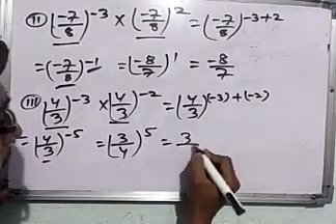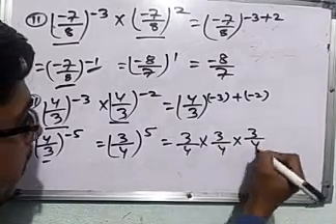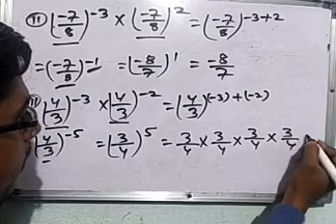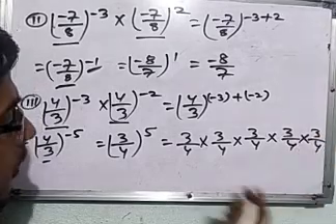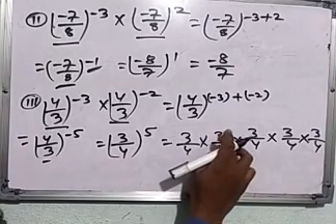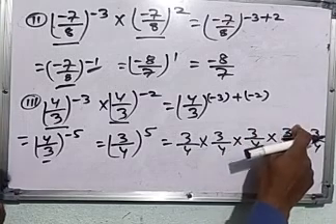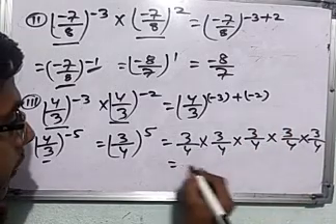So you write 3 by 4 into 3 by 4 into 3 by 4 into 3 by 4 into 3 by 4, 1, 2, 3, 4, 5, five times. You write 3 3 is 9, 9 3 is 27, 27 3 is 81, 81 3 is 243.